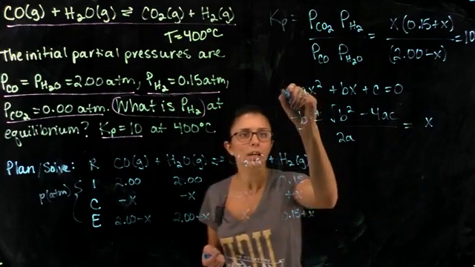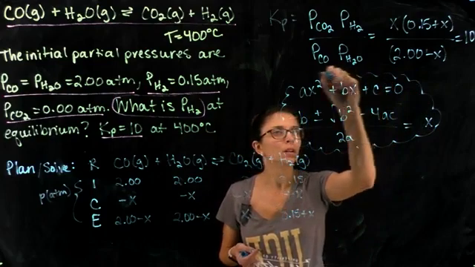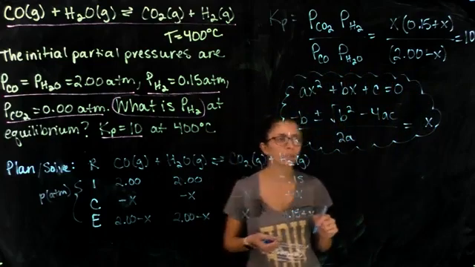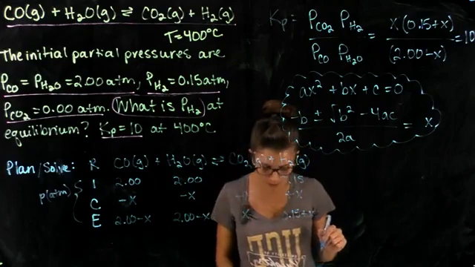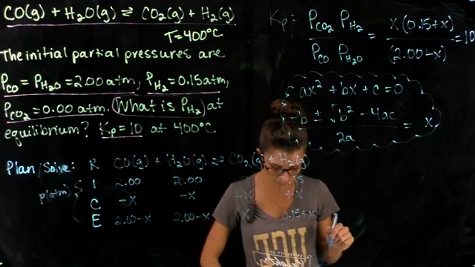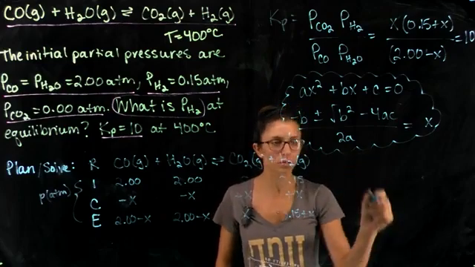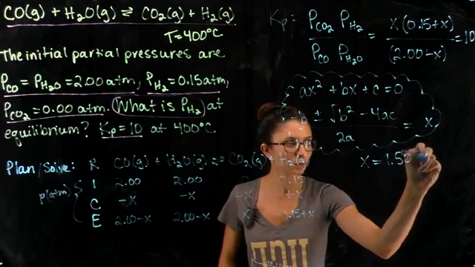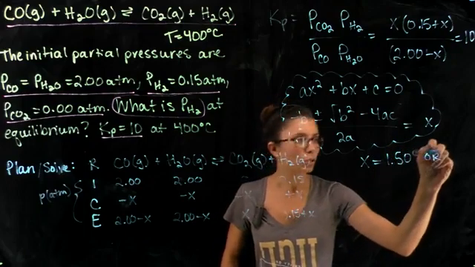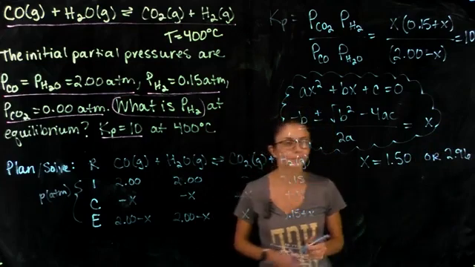So I'm not going to do that during this video. So you can pause the video now and solve for x. And when you come back, you will find that you get two solutions. You'll either get 1.50 or 2.96, and you'll have to decide which one is the correct one to use.